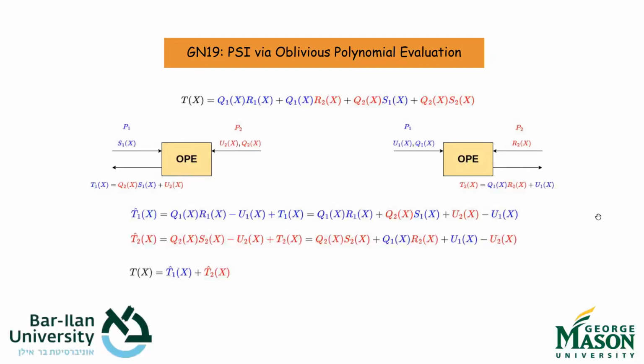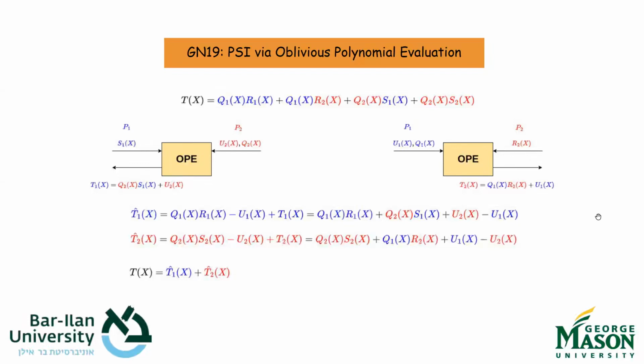Now, with the first OPE, P1 provides S1, while P2 provides Q2 and U2, where U2 is a uniformly random polynomial. P1 will obtain T1 equal to Q2 S1 plus U2. With the second OPE, P2 obtains T2 equal to Q1 R2 plus U1.